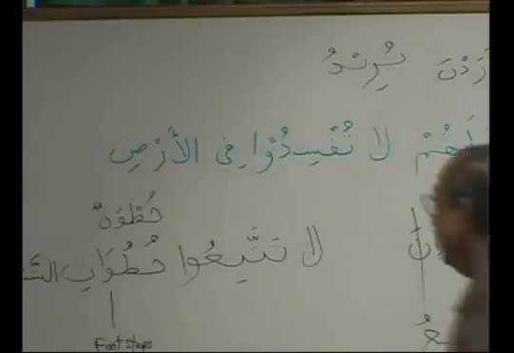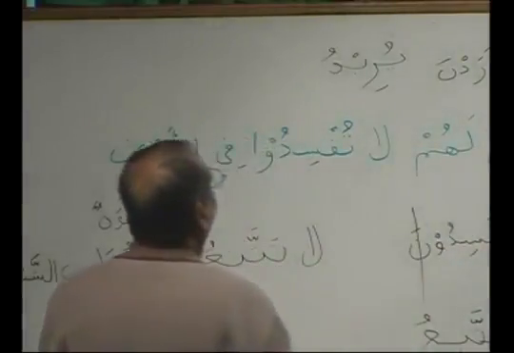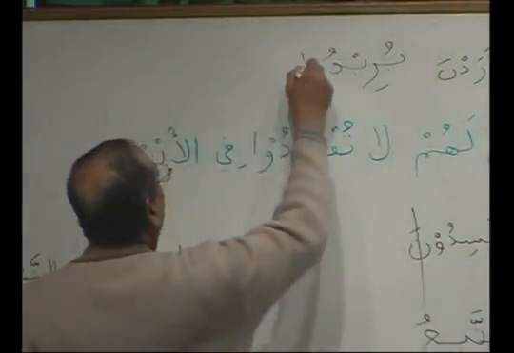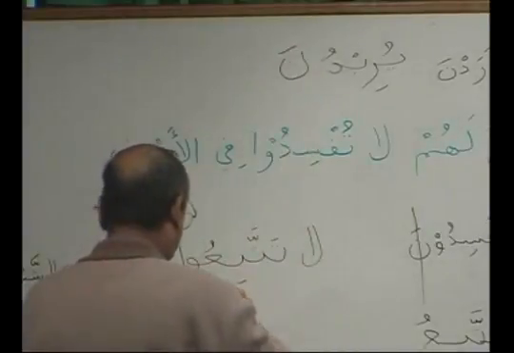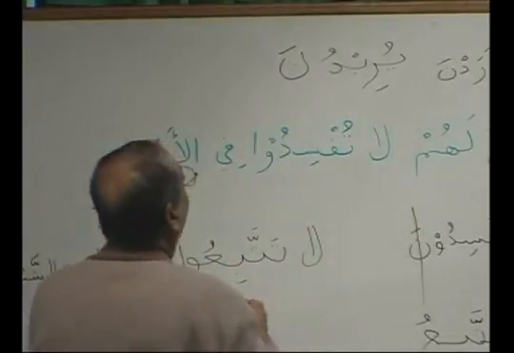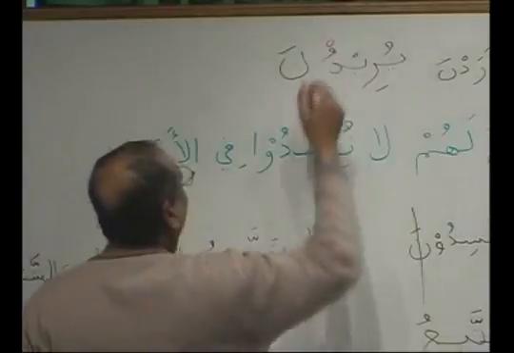Ready? Yuridu, yuridani, yuriduna, turidu, turidani, yuridna. Now you know why yuridna. Very important. Again, I put nunu niswa here, which will result in dal getting a sukoon.